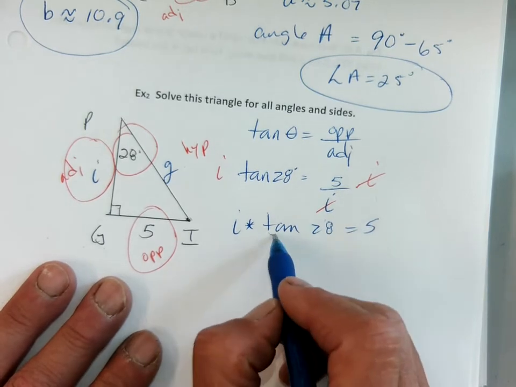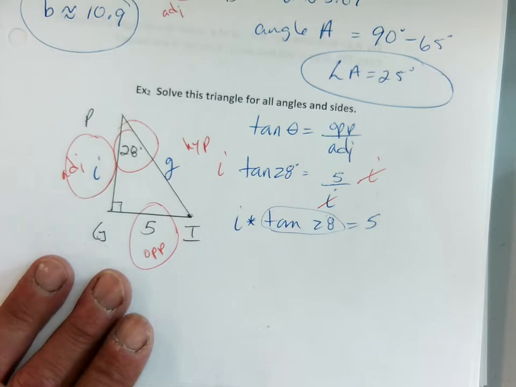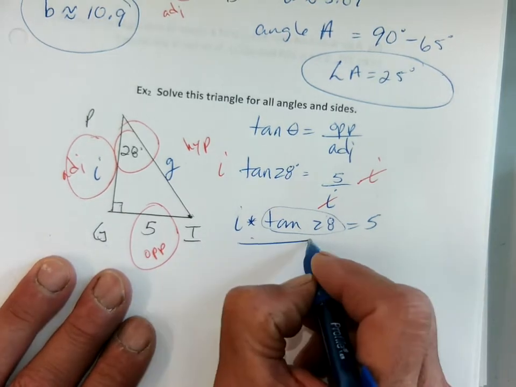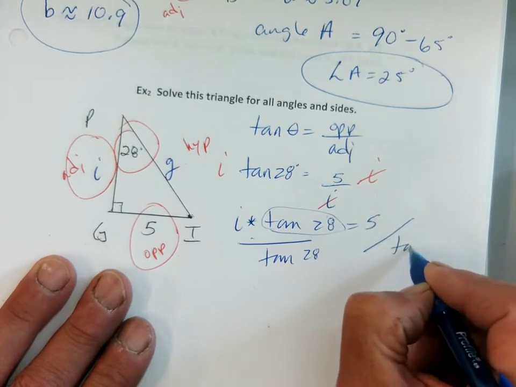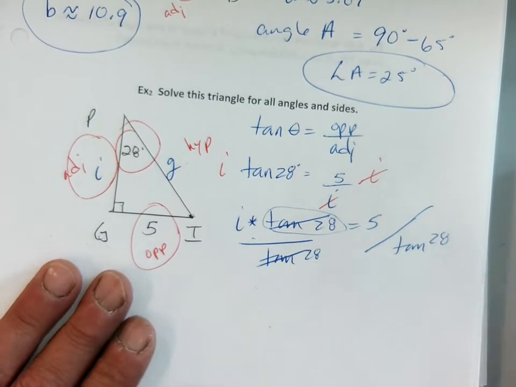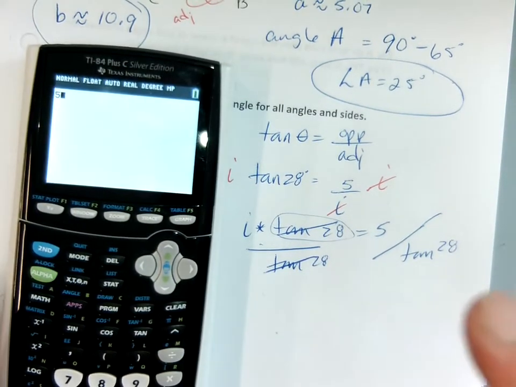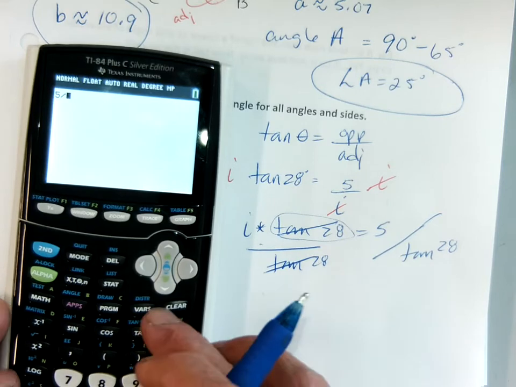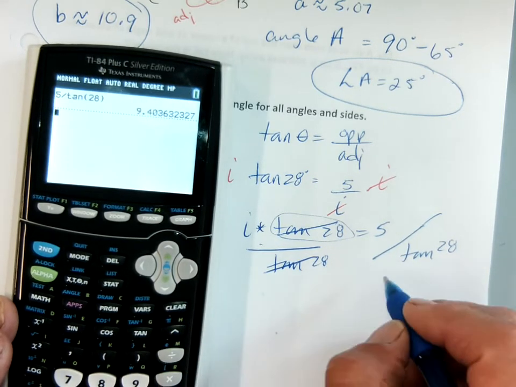Now tangent of 28 is just a number. It really is just a number in my calculator. So I'm going to divide by tangent of 28 on both sides. And then I'm just going to use my calculator. What is 5 divided by tangent of 28? I get an answer of about 9.4.